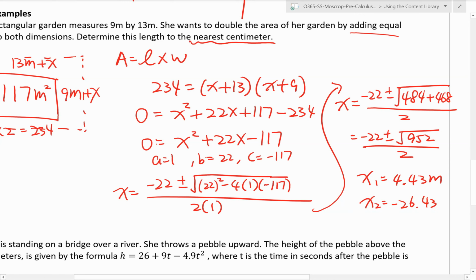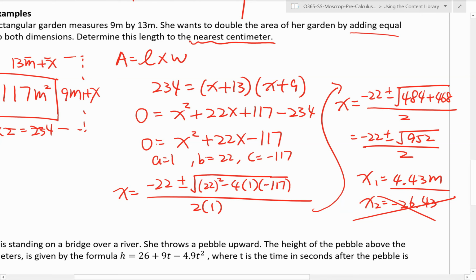You would get negative 26.43. Now clearly we need to reject this answer because x is the length that we add to this garden, and we cannot add negative length to it, right? So we know we need to add 4.43 meters. Now we are determining this length to the nearest centimeter. This is in meters.